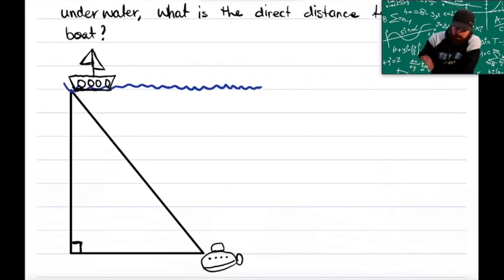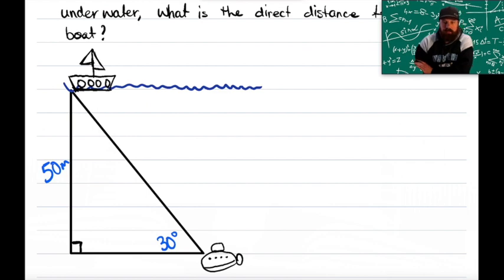We were told that the submarine was 50 meters underwater, and that the angle of elevation from the submarine, so that means starting at the submarine and looking up, is 30 degrees. And we're asked to find the direct distance. So we're asked to find this.